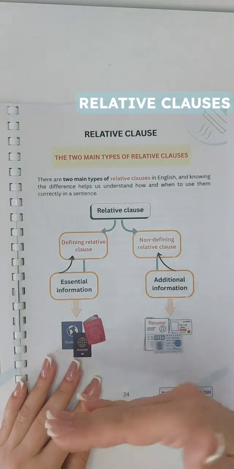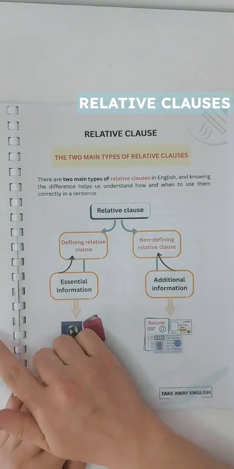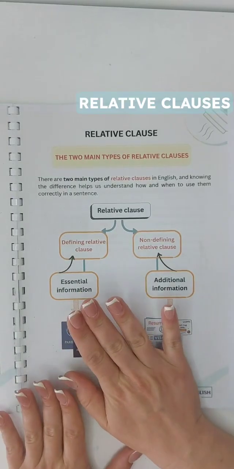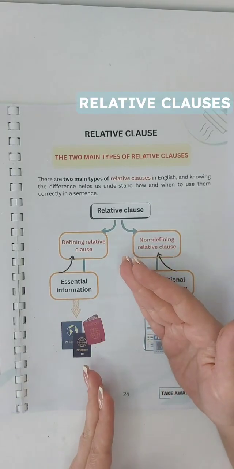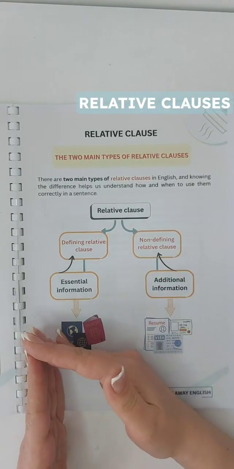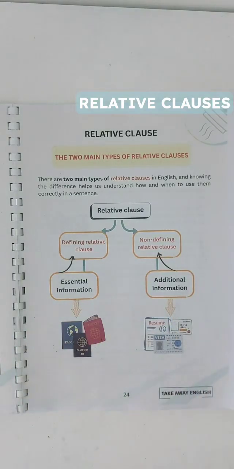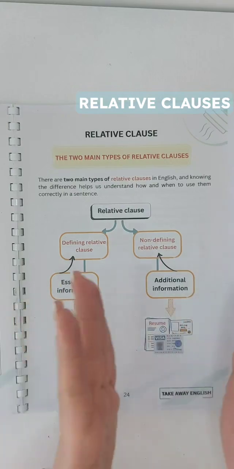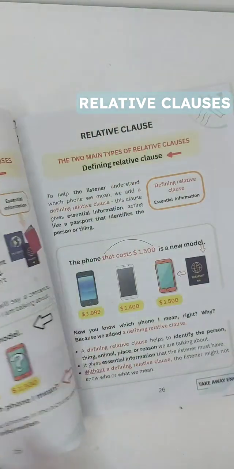For example, if you use the relative word that in a non-defining relative clause, it becomes defining, okay? That's why it's important to know all the rules when it comes to the defining relative clause, and then we can move to the non-defining relative clause, okay?